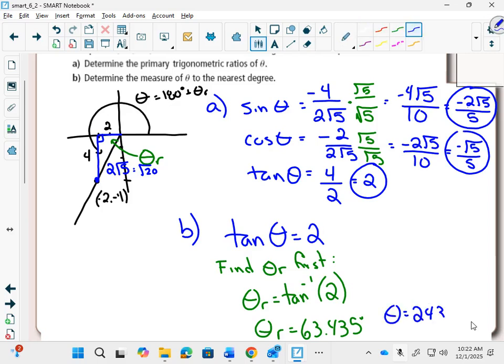What did it ask us to round to? Nearest degree? Woohoo! Good, because I had already forgotten those decimal places. Saves me some time.